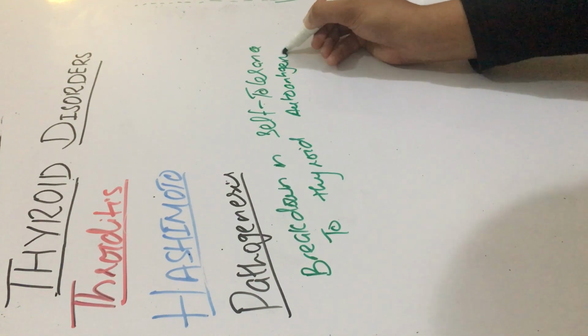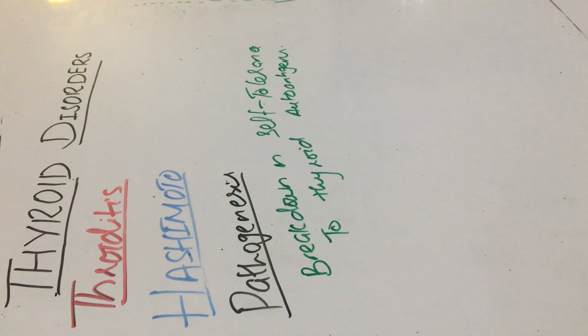Normally the antibodies are not formed against the antigens of our own body. For example, the thyroid autoantigens: due to any cause, the antibodies begin to form against these thyroid autoantigens, and consequently there would be the destruction of thyroid gland and there would be thyroid failure.